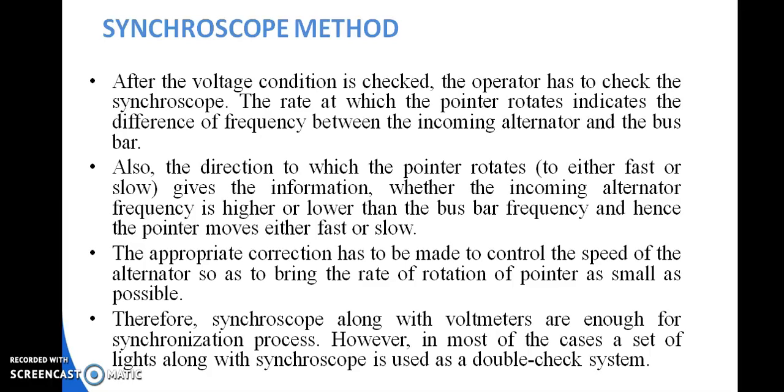Now, the appropriate correction has to be made to control the speed of the alternator so as to bring the rate of rotation of the pointer as small as possible. So, synchroscope along with voltmeters is enough for the synchronization process. However, in most cases, a set of lights along with the synchroscope is used as a double check system.